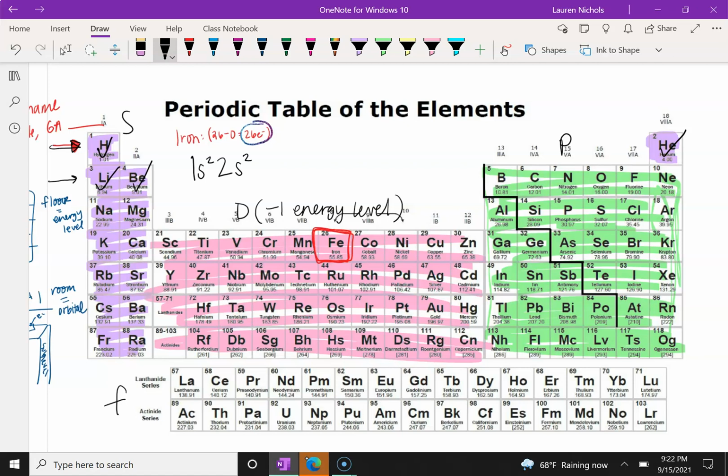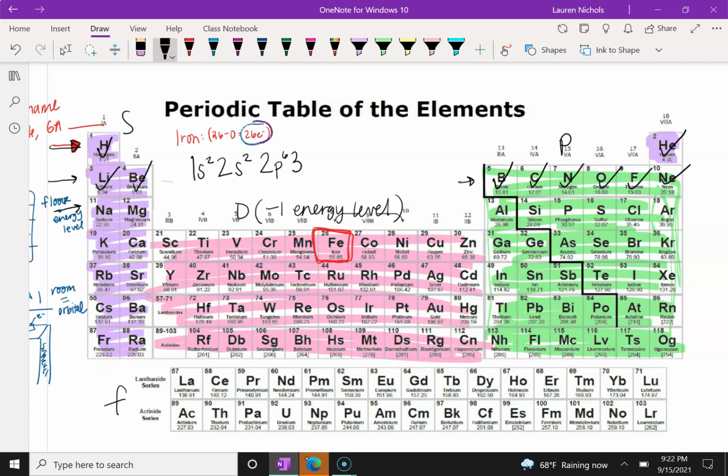And then I keep going across row 2 to over here, and I'm still on row 2, but I'm on a new section now. I'm in the P sublevel. And now I'm going to put electron 5, 6, 7, 8, 9, and 10. And that's 6 of them. Okay, so 2p6. And then I go to my 3rd energy level.